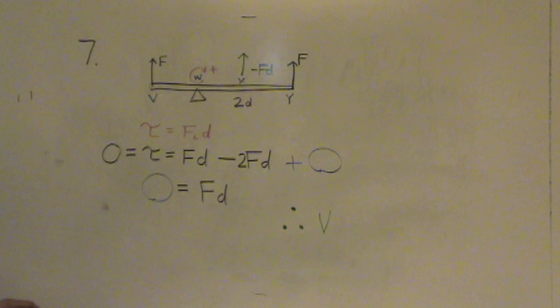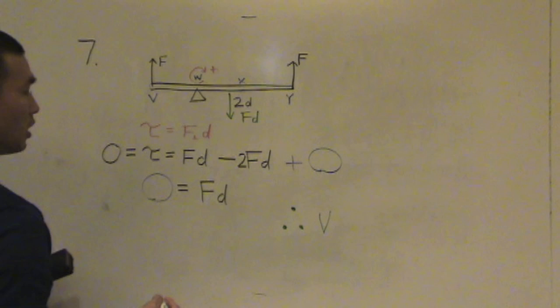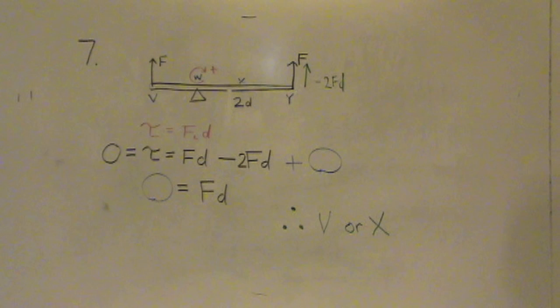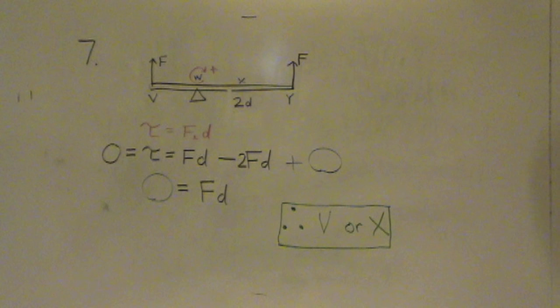When we applied upward force, it was negative Fd, so that doesn't work. However, when we applied a downward force, that gave us a positive Fd, so that makes X an answer as well. When we applied force at point Y, up or down, it gave us 2Fd in magnitude, so that didn't work. So the answer is V or X, and you can mark C as your correct answer.